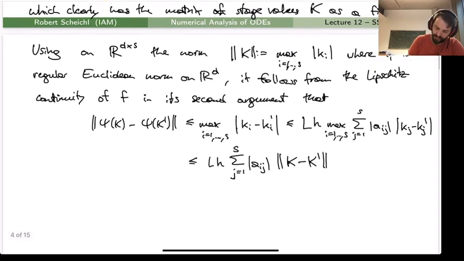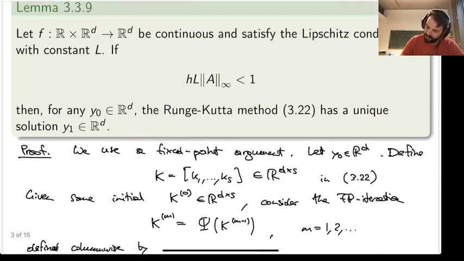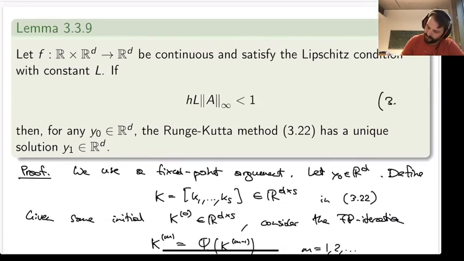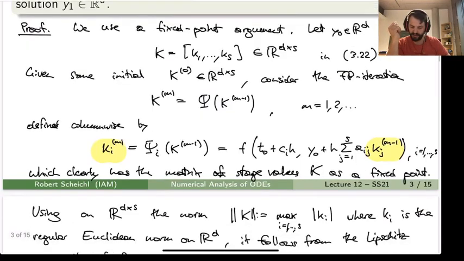So under assumption 327, which I didn't give a number, so this is assumption 327, namely that h L times the infinity norm of A, the matrix of stage values, is less than 1.